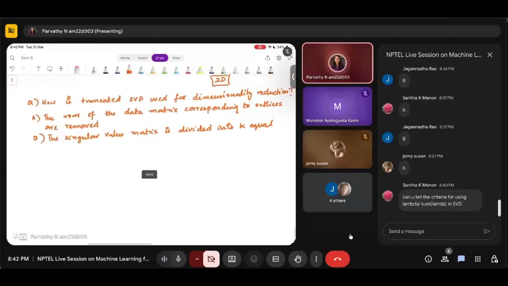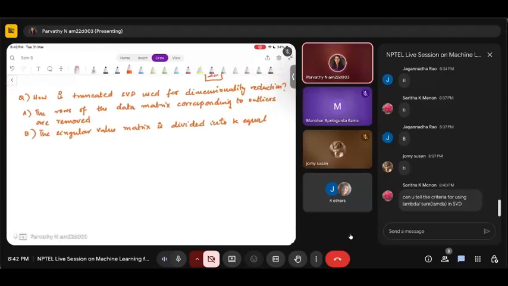The singular value matrix is divided into k equal submatrices, and each is analyzed separately.